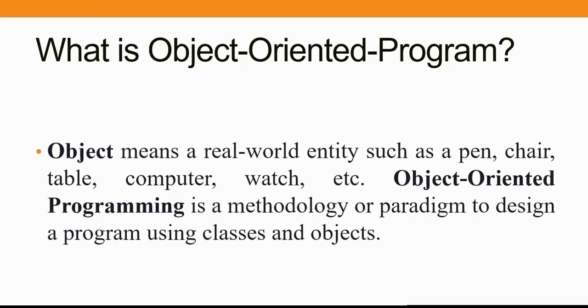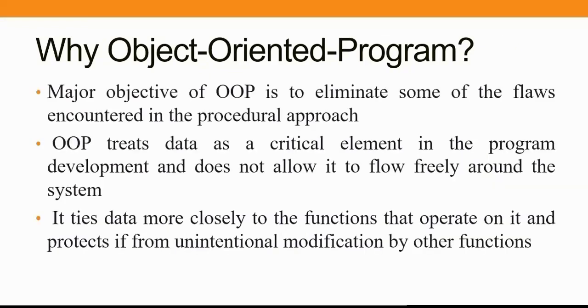What does class mean, and what do objects mean? Don't worry, I'm going to explain in the next slides what a class is and what an object is. By that time you will understand exactly what classes and objects are in object-oriented programming. So for now, you just have to know object-oriented programming is a methodology or a paradigm to design a program using classes and objects.